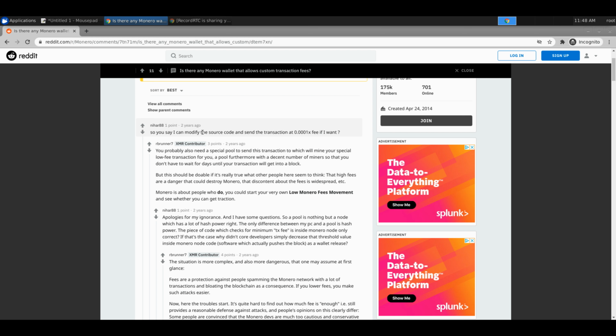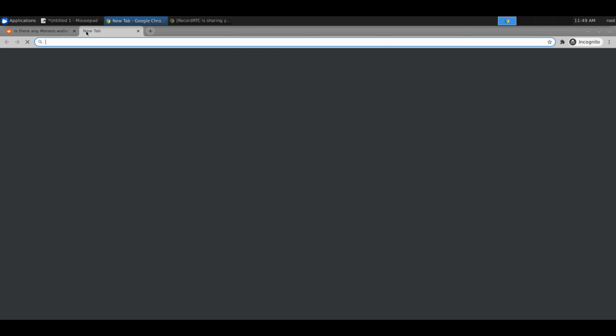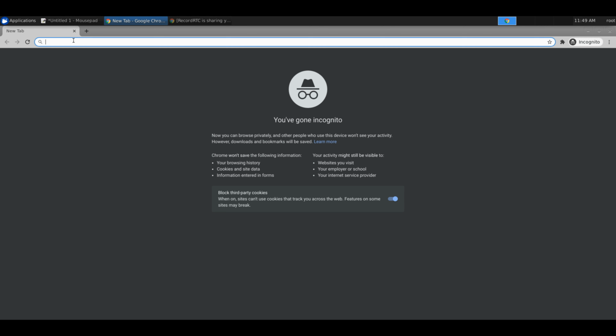So he's confirming, because this guy asks, can I modify the source code and send a transaction at a really small fee? Basically, yes, you can change it to any fee, as long as it's enough. As long as it's maybe a 2x, a 3x, something like that, it will go through.